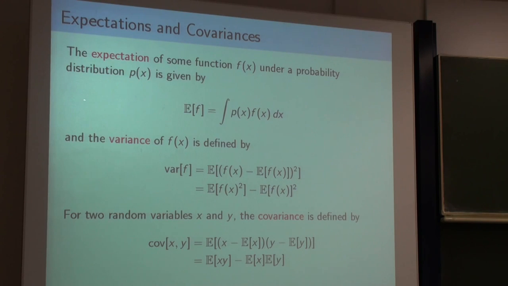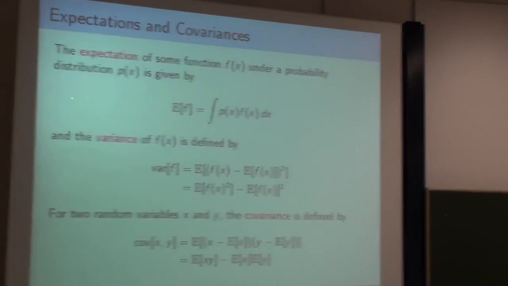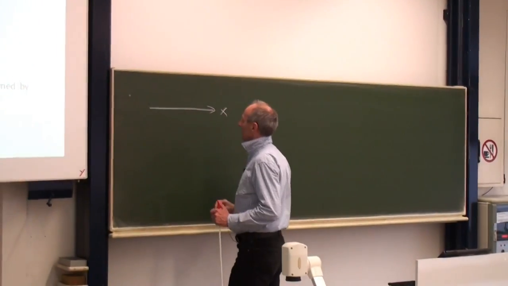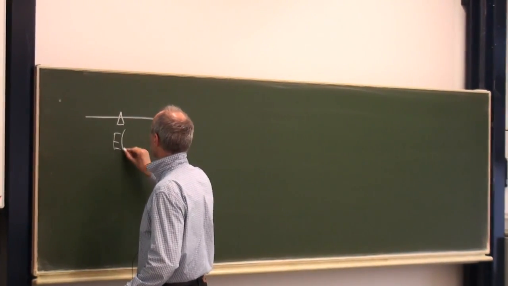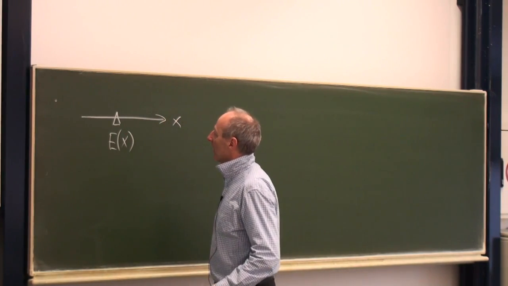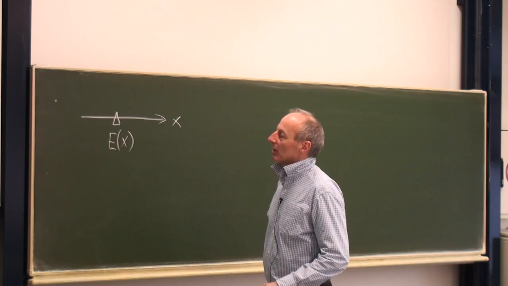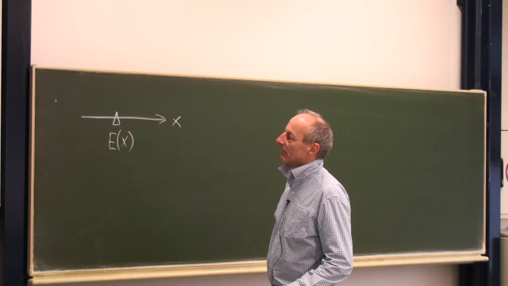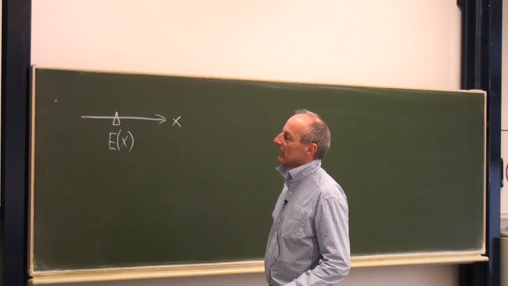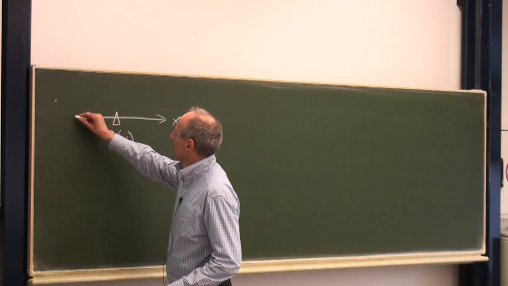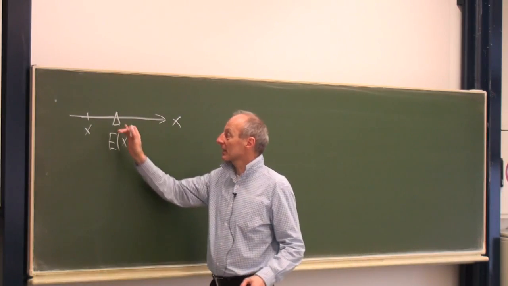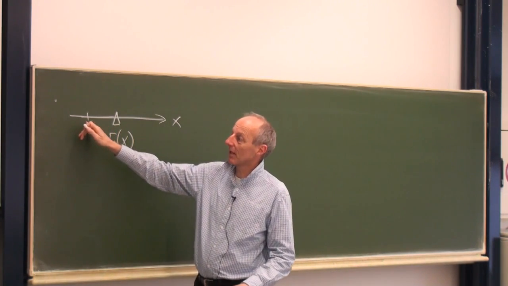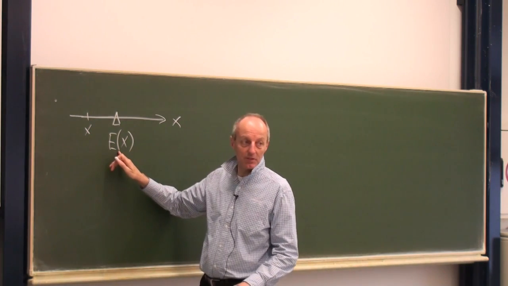For example, if this is the x-axis, and here we have e of x, the expected value, and suppose we take one value x, which is here, and x is smaller than the expected value, then x minus the expected value is negative.